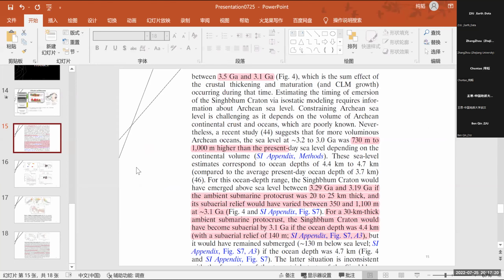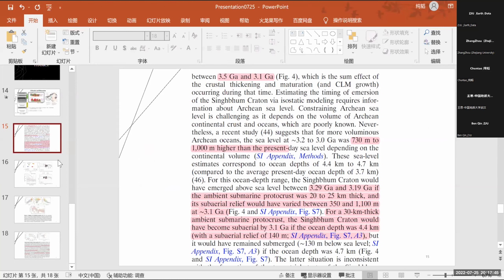So, Chen, do you think the variation of that number, the ocean depth, will have a significant impact on the isostatic modeling they have?